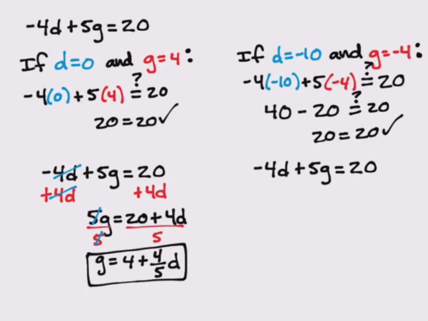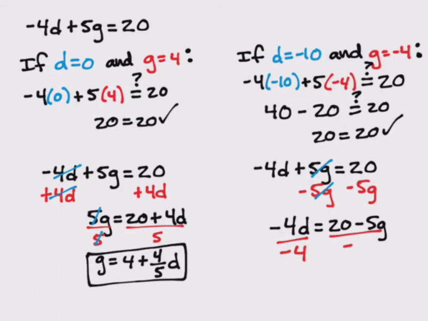First things first, let's at least isolate the negative 4d by subtracting 5g from both sides of the equation. Now, in order to isolate d, we just divide both sides by negative 4. Now we got to be really careful on the right-hand side because we're dividing both of these by a negative number. The left-hand side will be easy.